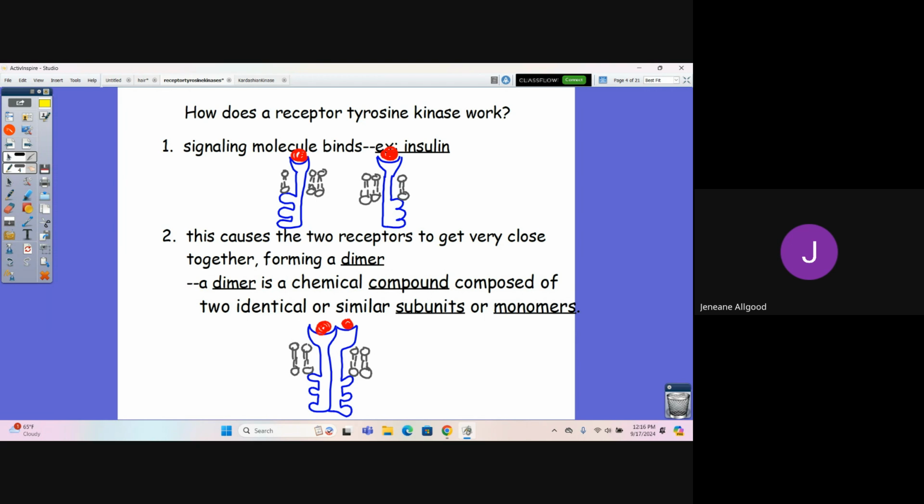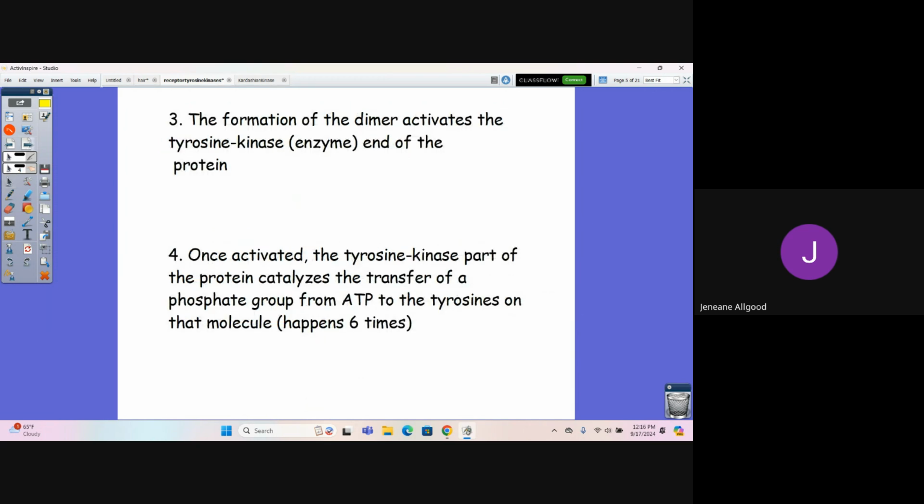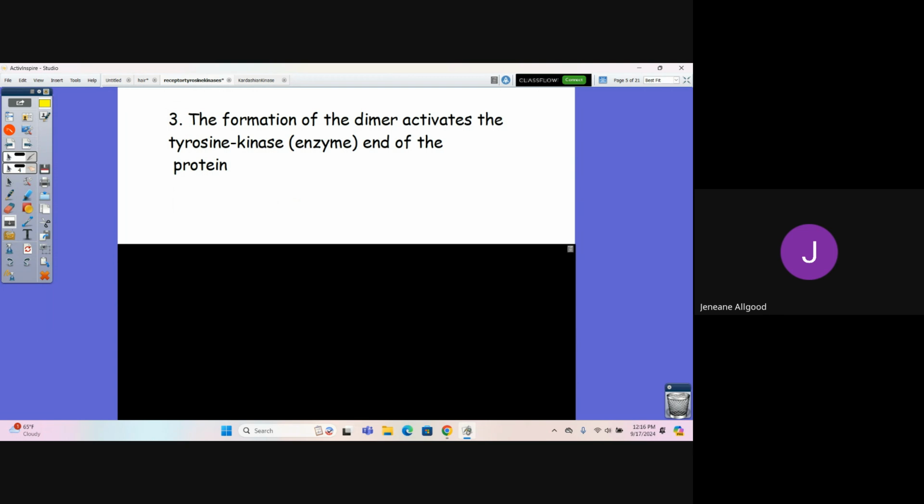All right, so this thing that we have just formed, this is called a dimer. All right, next.